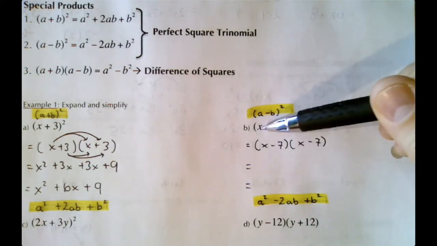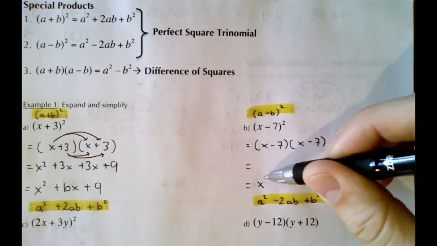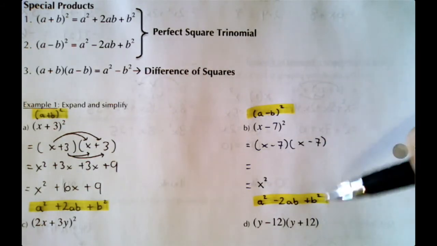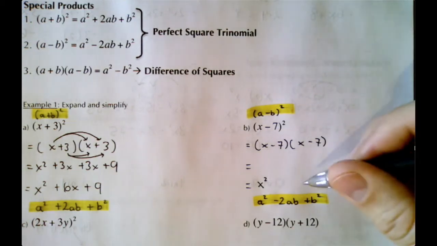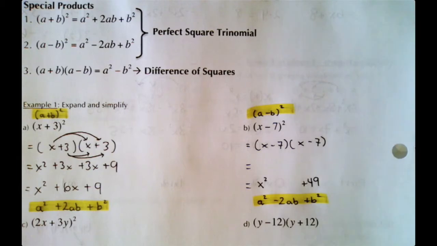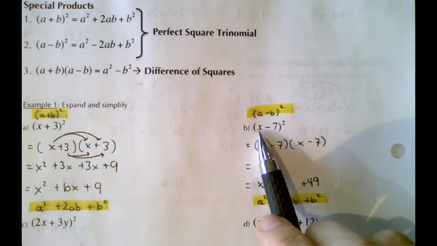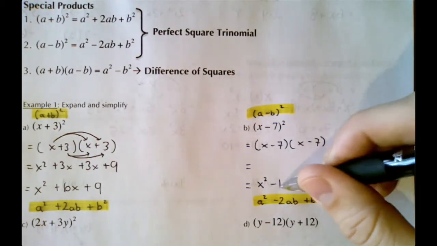Well, if a is x, our first term is supposed to be a squared, x squared. And our last term is supposed to be b squared. Well, b is 7. 7 squared is 49. And the middle term is supposed to be negative 2ab. Well, negative 2 times x is negative 2x, times negative 7 would give us negative 14x.